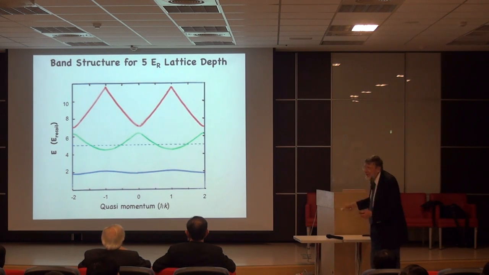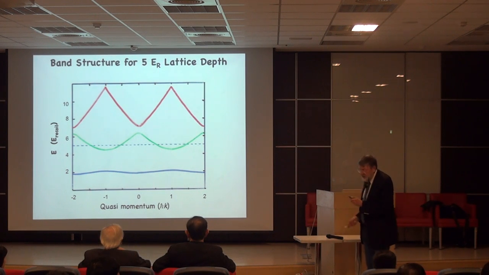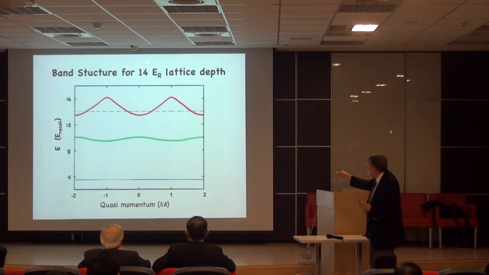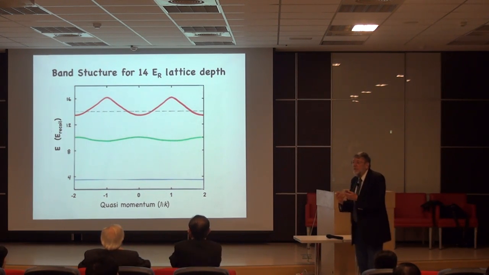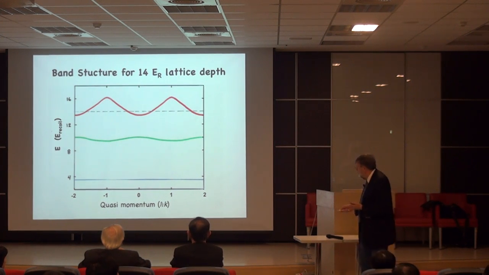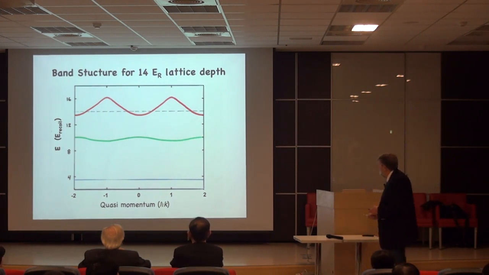The bottom band is practically flat, even at this very modest depth. If we take this up to 14 recoils, the bottom band is completely flat on a scale on which you can see the next couple of bands. So it doesn't take much to put the atoms into a strongly bound condition, one in which the bottom band is essentially flat.